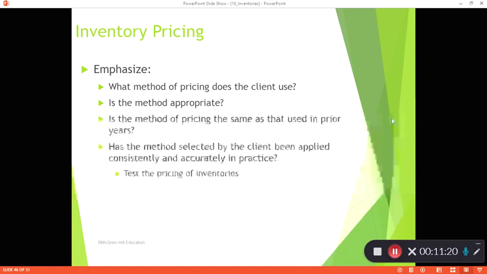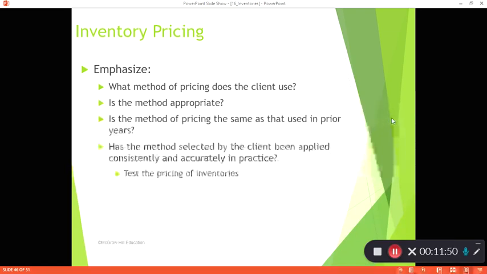As far as pricing goes, we're going to look at the method. So LIFO, FIFO, weighted average, dollar value LIFO, all those different variations that could be used. What are they using? Does it seem appropriate for the firm, for how prices have changed over time, for looking at methods that other competitors in their same industry have used, those types of things. Have they changed the method?